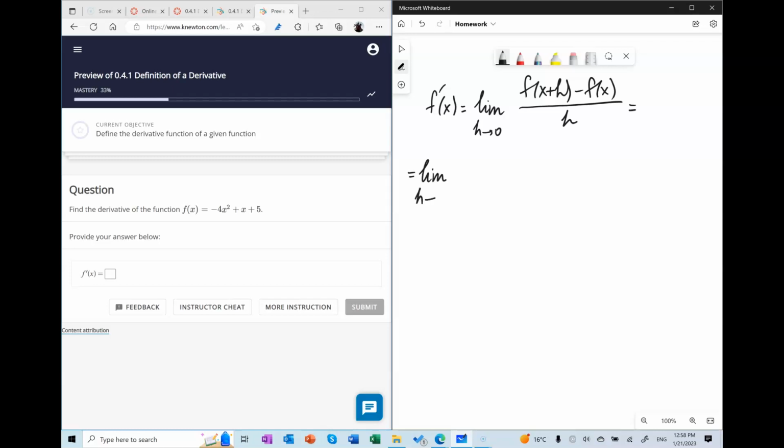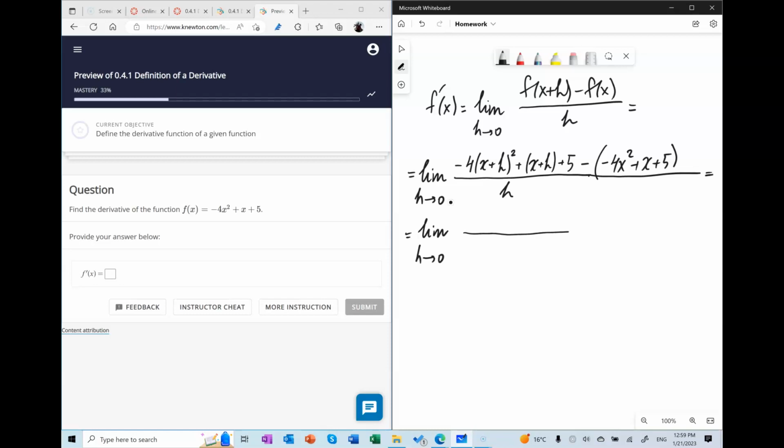We have limit as h goes to 0, h in the denominator, f of x plus h, so we have negative 4 times (x plus h) squared plus x plus h plus 5, and now we're going to subtract the function itself. So we're going to subtract negative 4x squared plus x plus 5, and if we carefully distribute everything and combine the like terms in the numerator, we will learn that a lot of things will cancel.